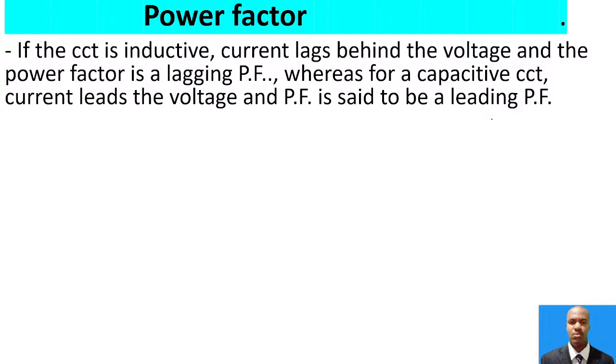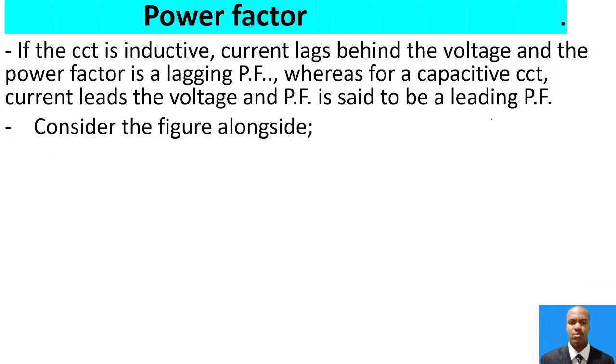So inductive circuits experience lagging power factor. Capacitive circuits experience a leading power factor because current leads the voltage. Or in other words, you can say voltage lags behind current.